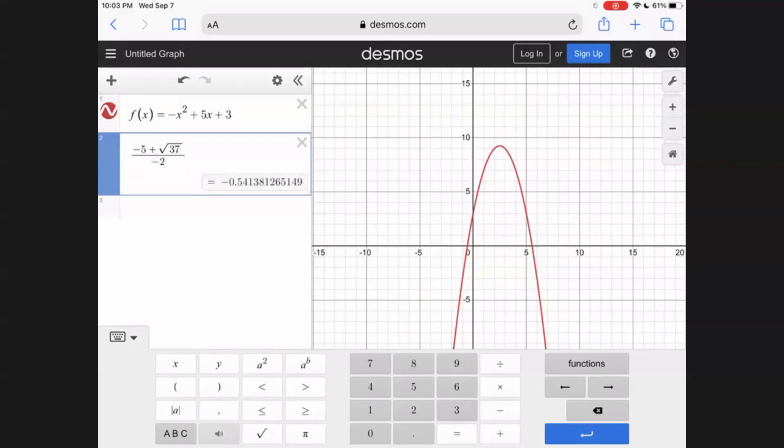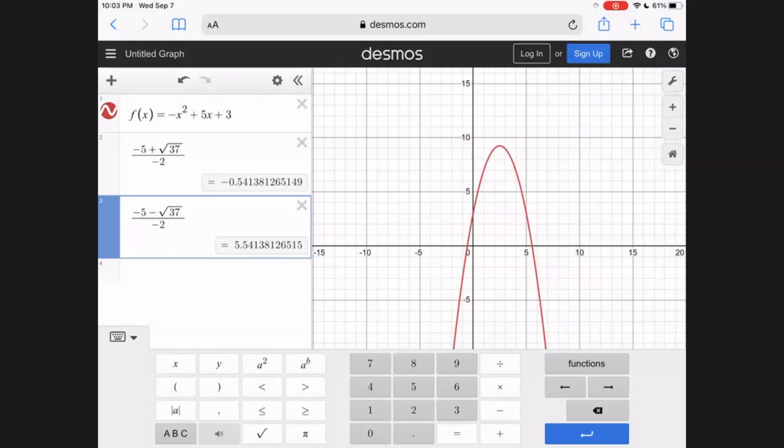And then you see we get the negative 0.54. We could do the same thing, do your division to get your fraction, and then negative 5, and minus the square root of 37 all over minus 2. And we get 5.54. So we see we get these two values here.